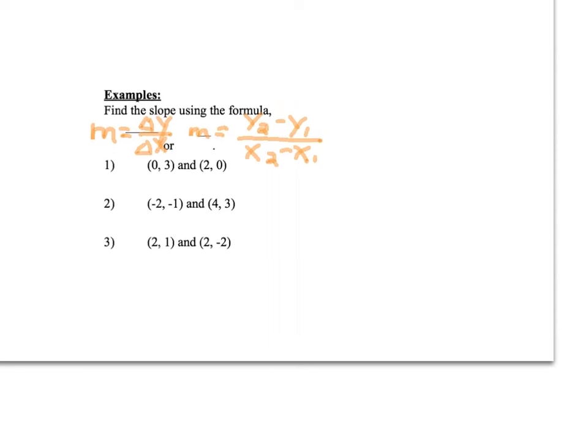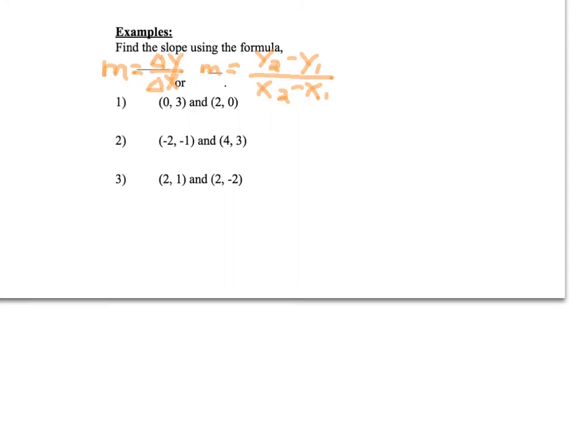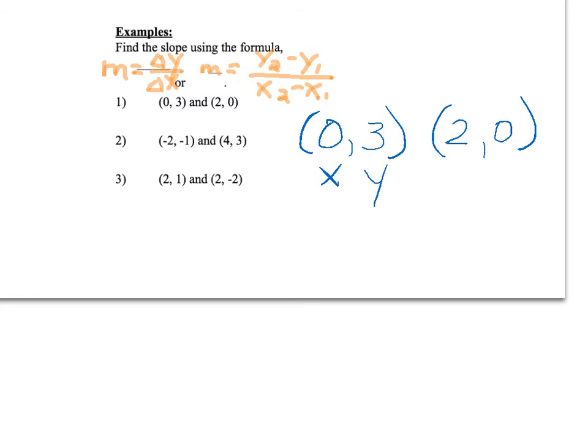And so for our first example, we have the ordered pairs 0, 3, and 2, 0. The ordered pairs always go in the order of x, y. I usually just start with the first ordered pair as my x1, y1, and my x2, y2. But you can flip-flop them. You don't have to be picky about that.